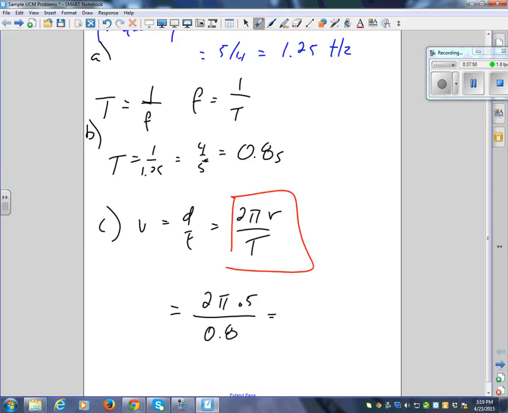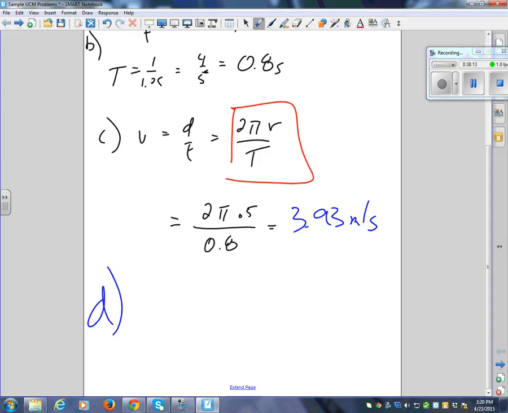So the speed here is 3.93 meters per second. Good, relatively okay. A little bit new, but you'll get it.